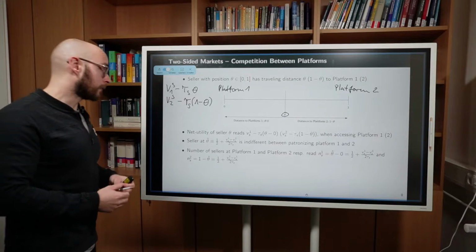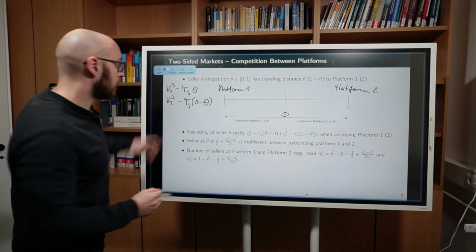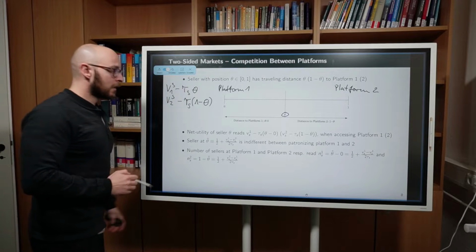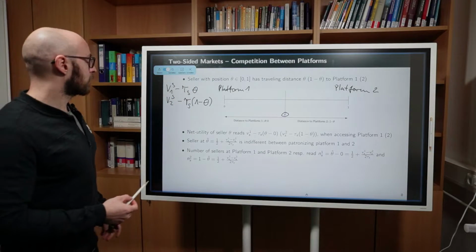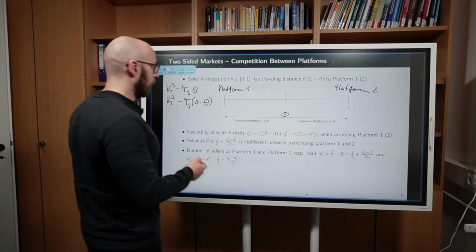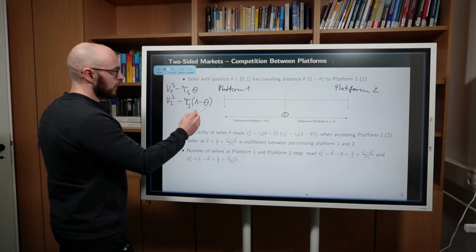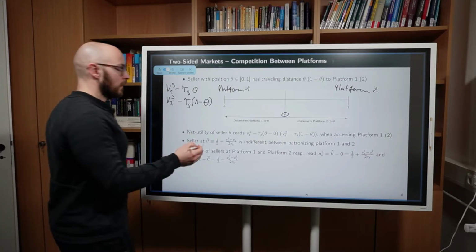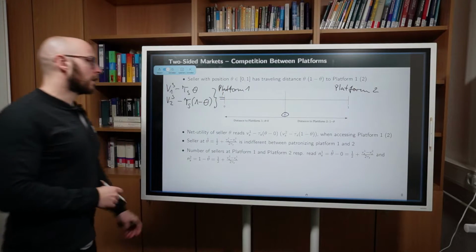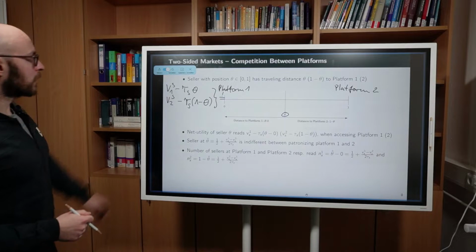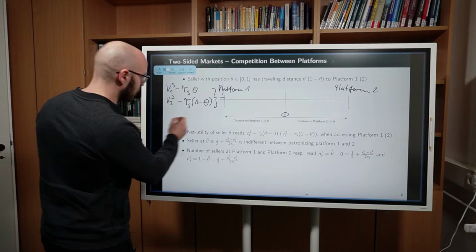Why is that? Well, let us first derive what the indifferent seller is. It's pretty easy. This is the utility that a given seller with location theta realizes when it develops a game for Xbox, or in other words, if it patronizes platform 1, and this is the utility for platform 2, vis-a-vis PlayStation. So all you do is take these two equations, set them equal to one another, and then rearrange the resulting expression with respect to theta, right?